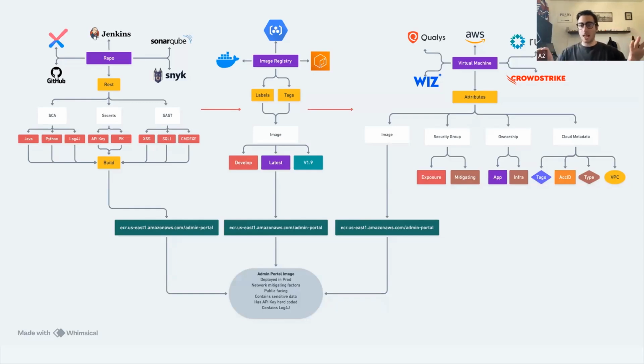Now we go down our life cycle, and that image is being held in something like Docker or ECR or GCR so that we can pull it once we're in runtime. Once we're in runtime, you have your scanners of the world scanning these VMs and running containers, and they're giving back to us what images are installed and what AMIs are being deployed on these VMs.